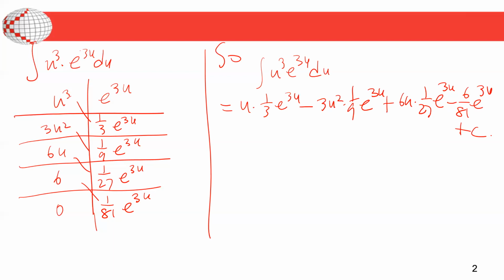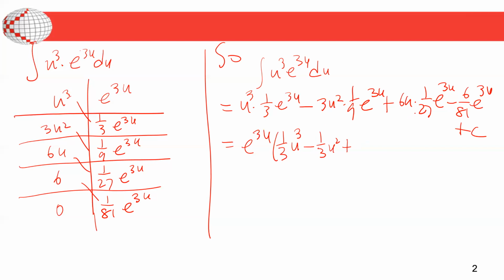Now we're going to simplify this. We notice that e to 3u is a common factor. Let's take it out. I'm sorry, this is a u cubed here. So e to 3u, and then it's 1/3 u cubed. And the second term here is 1/3 u squared.